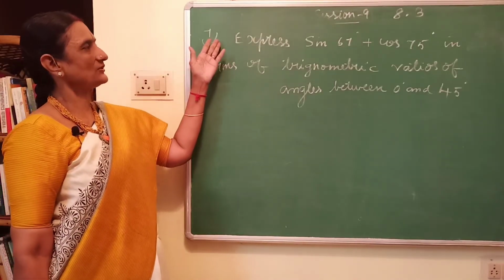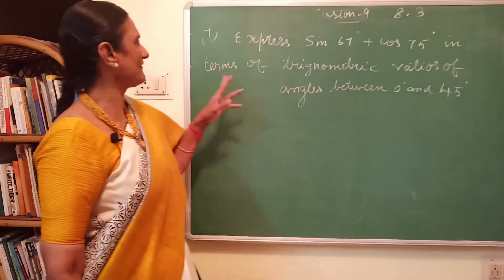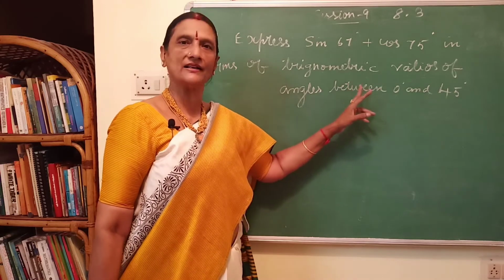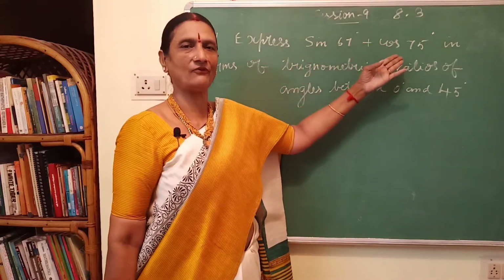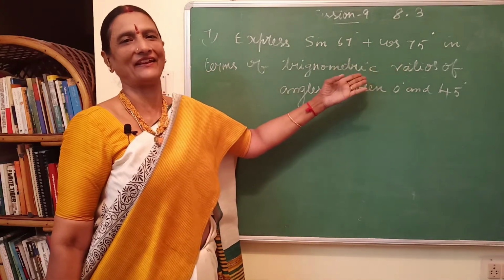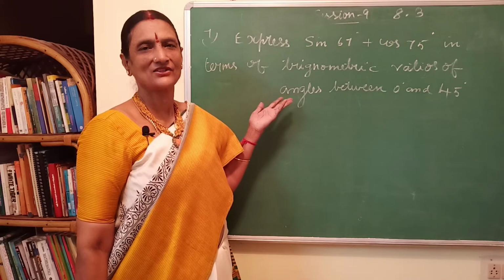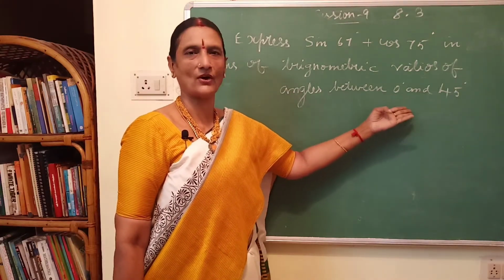Children, let us take down the seventh sum. Express sine 67 and cos 75 in terms of trigonometric ratios of angles between 0 and 45. Obviously, 67 and 75 are not less than 45. So, definitely we have to use complementary angles so as to get an angle that is between 0 and 45.